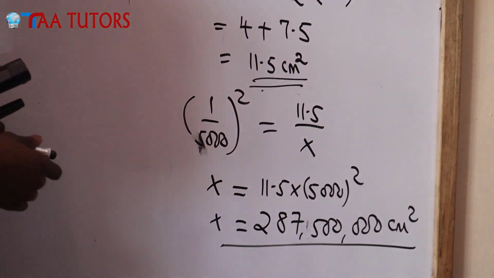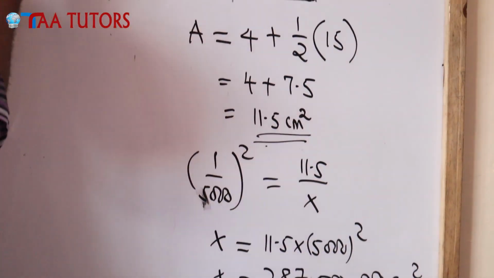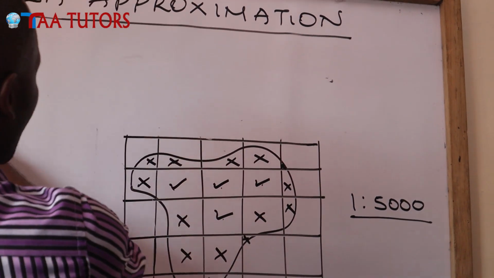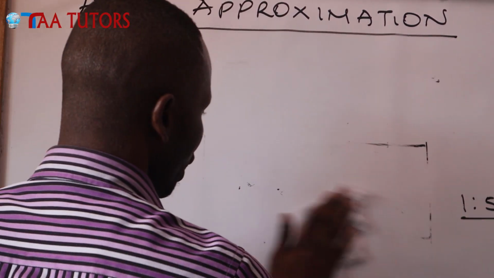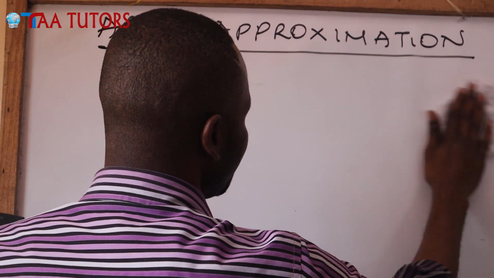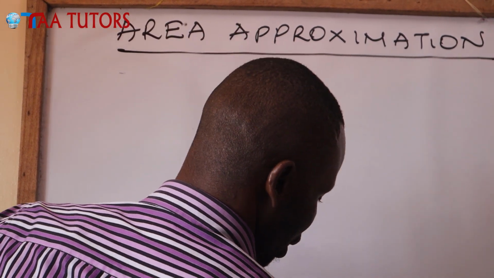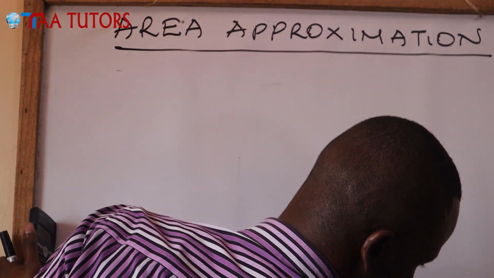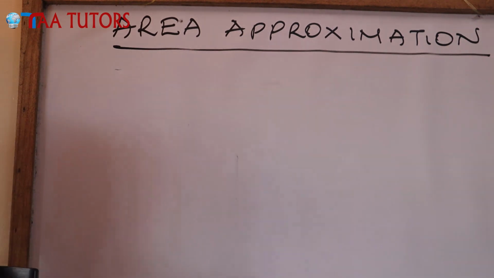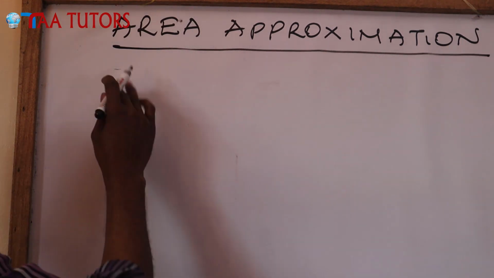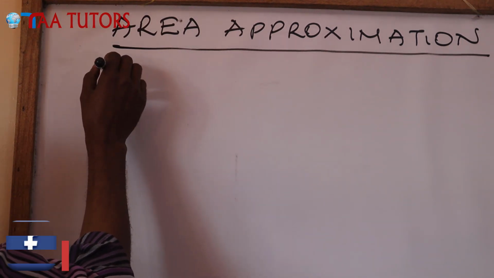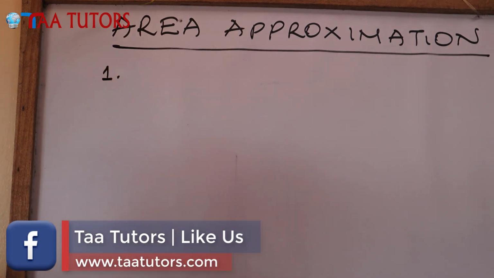Now, I want to bring you to new techniques that we are going to learn today. These are much more technical, and we are going to try to make them as easy as possible. So the new techniques we are going to learn in this lesson are methods of approximating area.